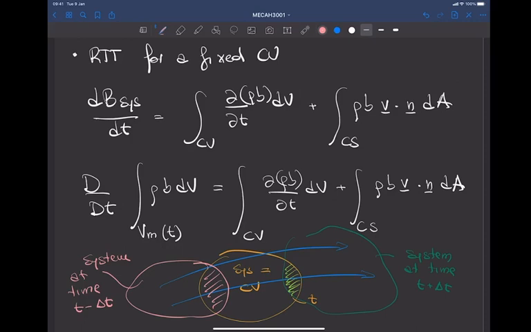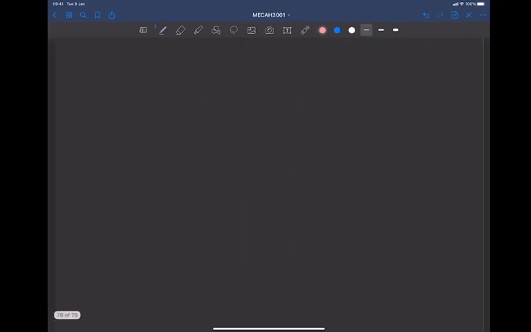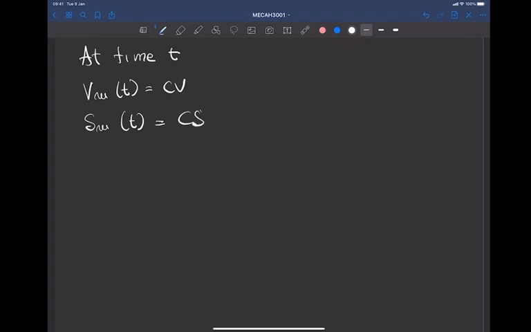So what does it mean? It means that at time t, the system and the control volume are coincident. It means that Vm of t is equal to the control volume, and Sm of t, so the surface of this material element that contains always the same fixed amount of matter, will be coincident with the control surface.